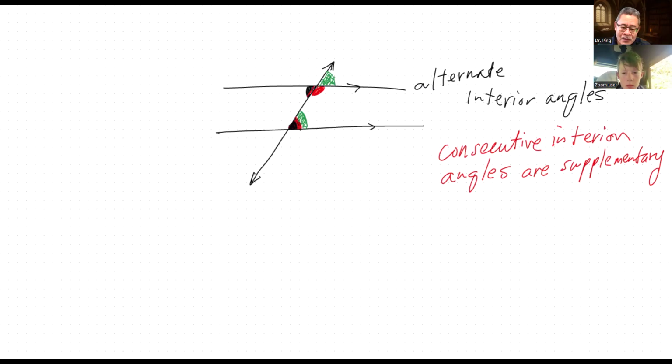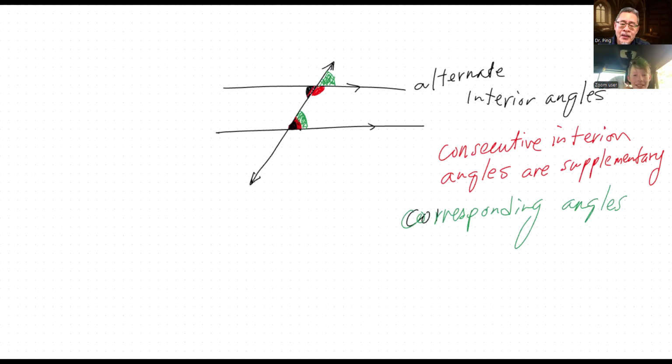That's the red one. That's consecutive interior. But the one is inside, one is outside. This is called corresponding angles. Good. Are we good? Okay. Corresponding angles.